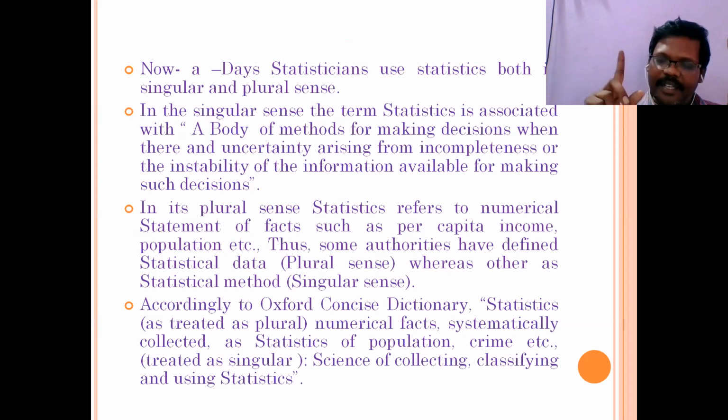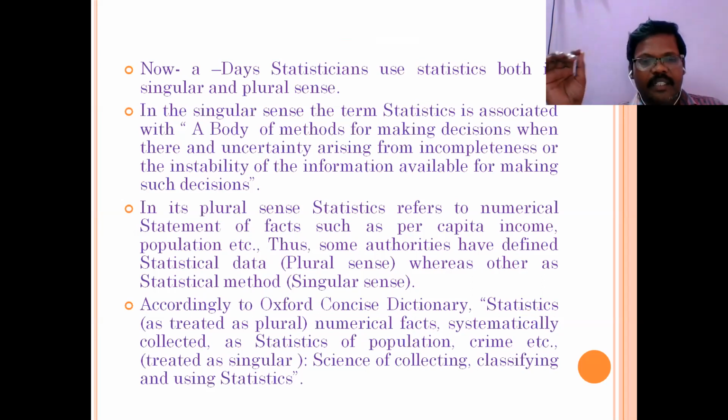So that's why averages are in the plural sense. Dispersion is plural. Correlation is plural because with correlation we are explaining the relation between one variable and another variable. That's why it is also called plural. Index number is plural. Time series is plural. Skewness, kurtosis, regression analysis, all these things come under the plural conditions only.